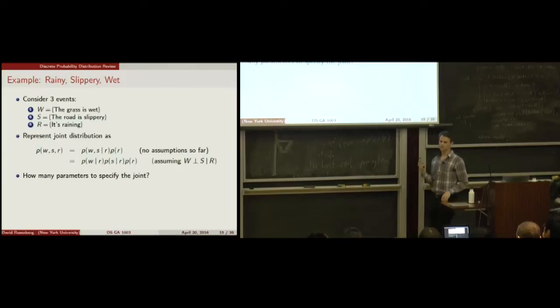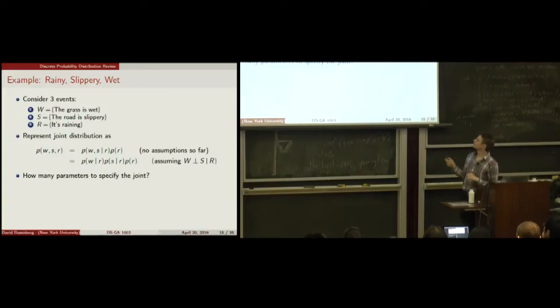All right, I see a few nods, great. Same for the probability of S, slippery, given R, and the probability of R is just one parameter, so how many total? 5, great. So we had, how many for full independence? For full independence, we have 3.